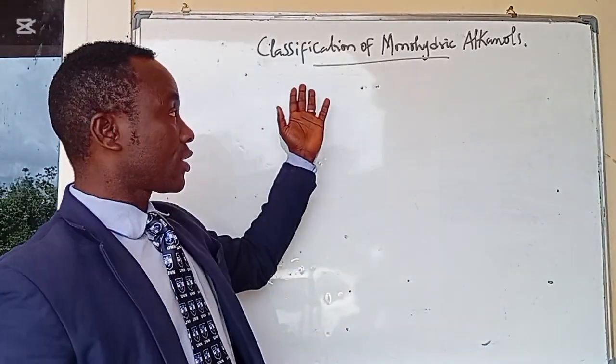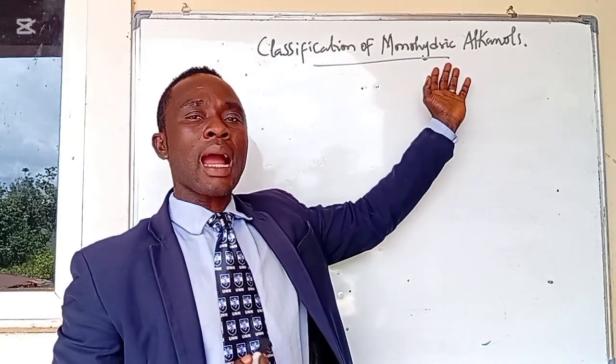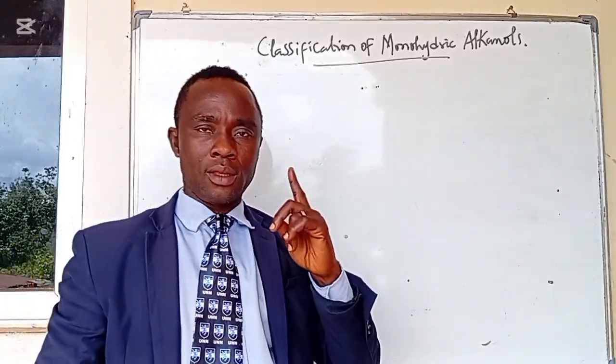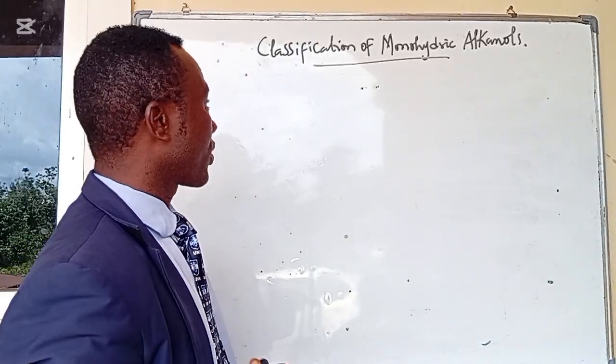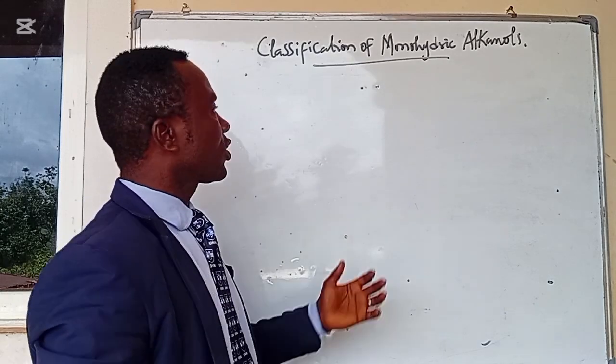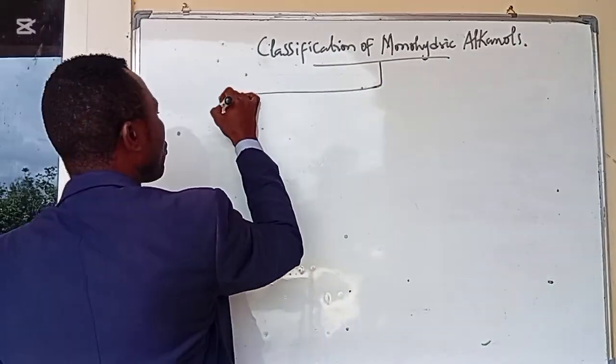On classification of monohydric alkanols. Monohydric alkanols are those alkanols that have only one hydroxyl group present. Now, these monohydric alkanols can be classified into three.